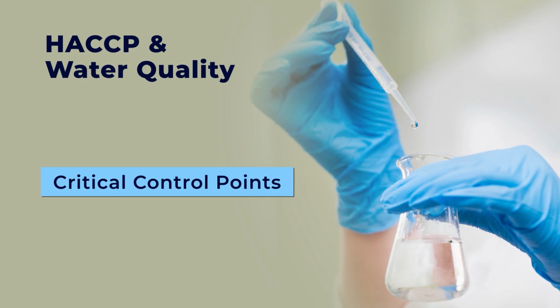Nowadays, when there is an FSSAI inspection or audit, water quality is one of the important components which is checked. Now, how can we control the water quality in our food processing system? Make it a critical control point.